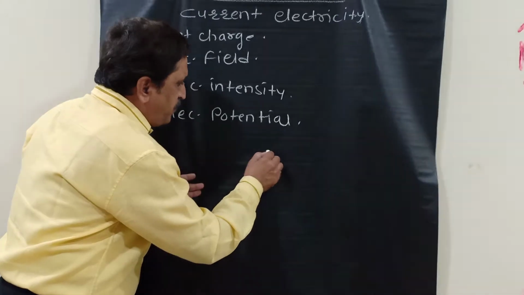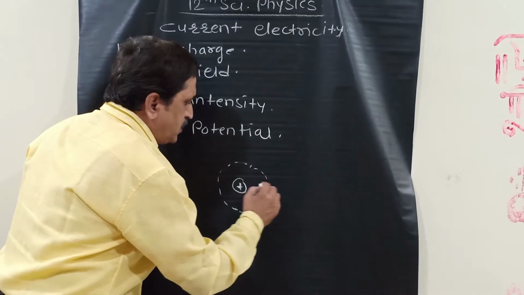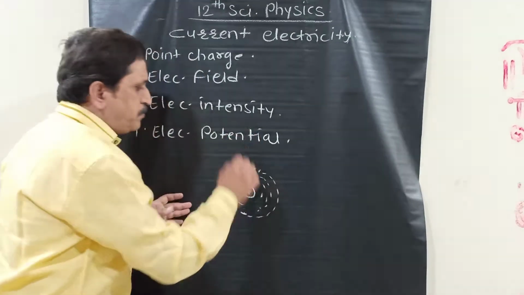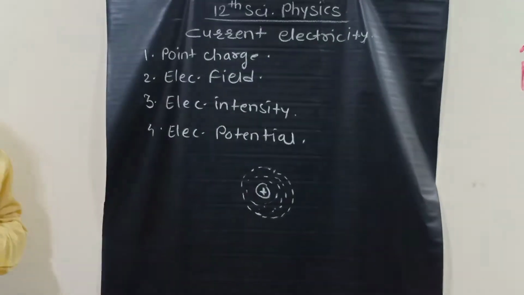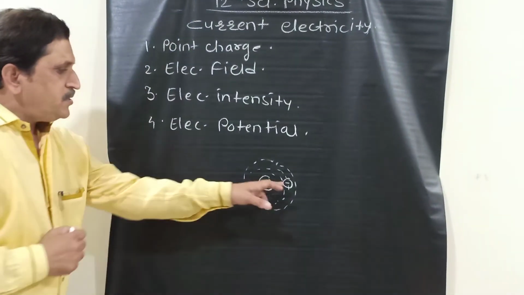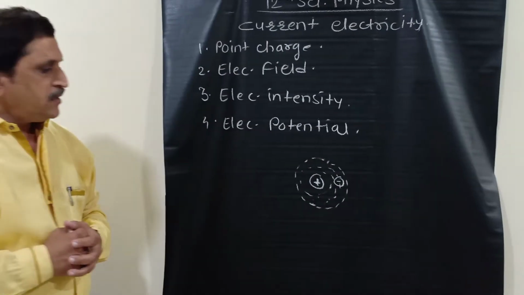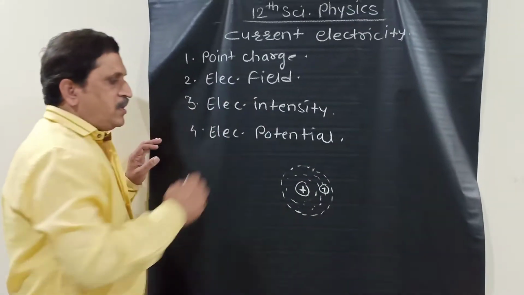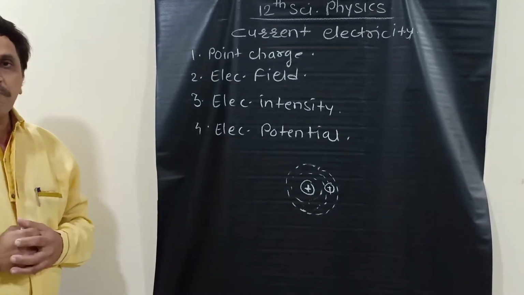Now one specific field around this charge in which another identical charge experiences a force of repulsion or force of attraction. What it means? If we try to bring a negative charge within this field, then this negative charge will experience a force of attraction, and if we try to bring a positive charge within this field, then that positive charge will experience a force of repulsion.